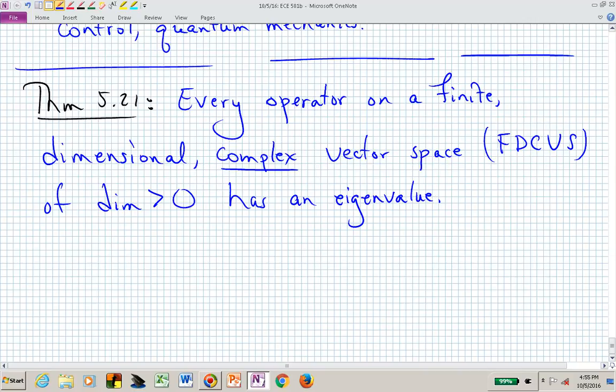That says that you give me any linear map, if it's on a finite dimensional complex vector space, it's going to have an eigenvalue. How can we make that conclusion? Well, let's just prove it.